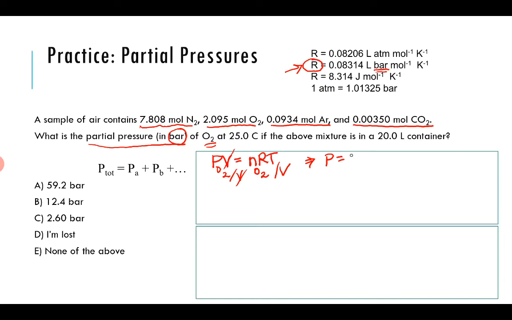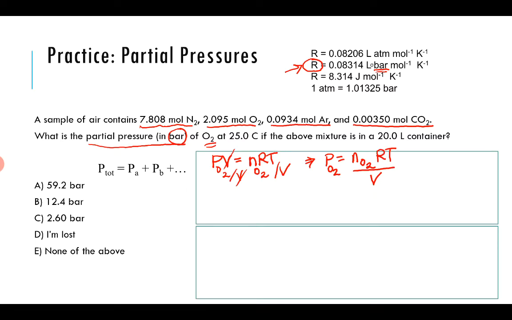And so P, my partial pressure of O2, is equal to my moles of O2 times RT divided by V. When I'm plugging numbers into the equation, I have to make sure that I'm matching my units of R, and we can do that quick analysis before we get too carried away.